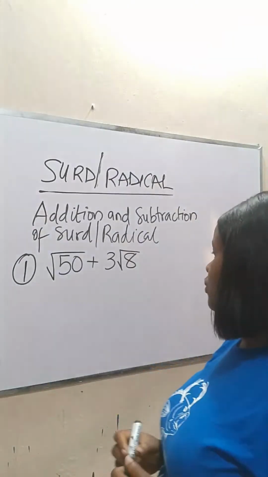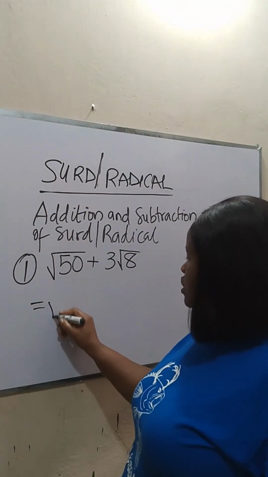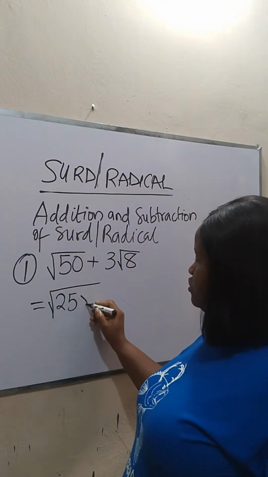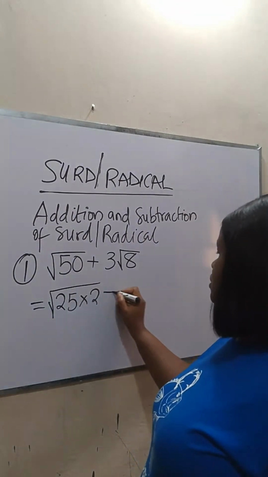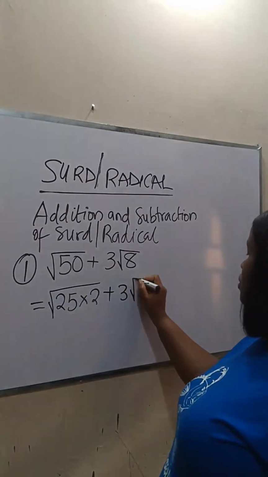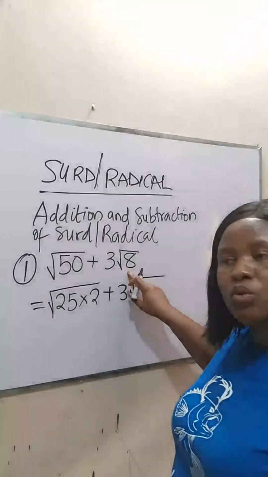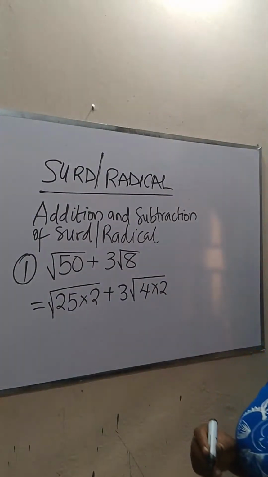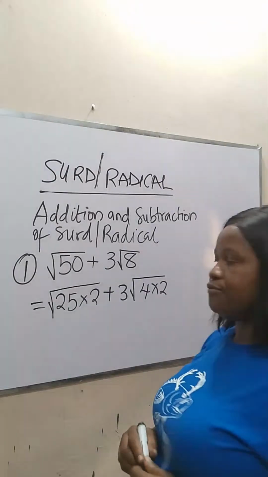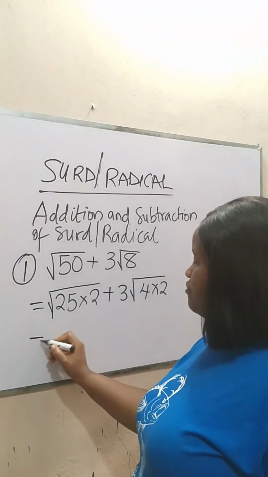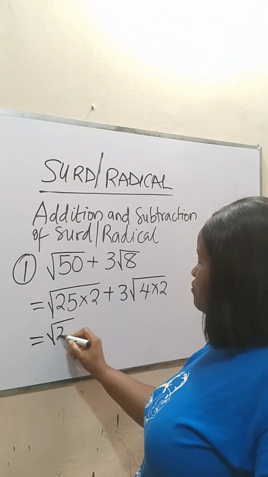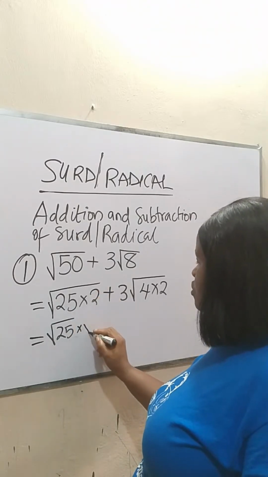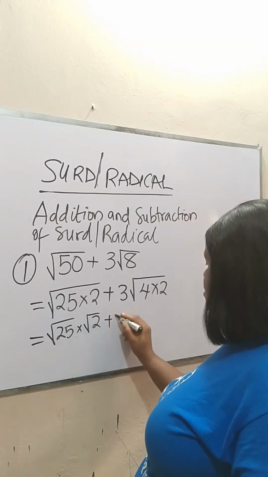So first of all, you're going to put them in their simplest form before you can now add. Okay, it's that simple. So if we divide 50 by 2, we have 25. That is 25 times 2 is 50. Then 3, and we have the sword here. Divide here by 2, we have 4. So 4 times 2 is 8. Okay? So I'm going to apply the law of sword here. If we do that, we have root 25 multiplied by root 2 plus 3.